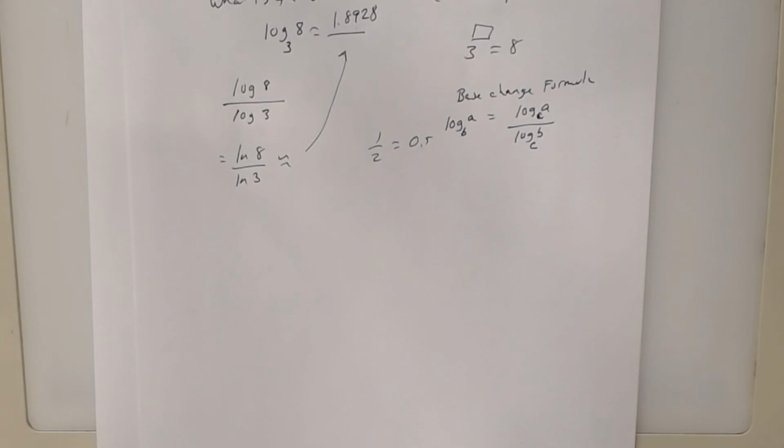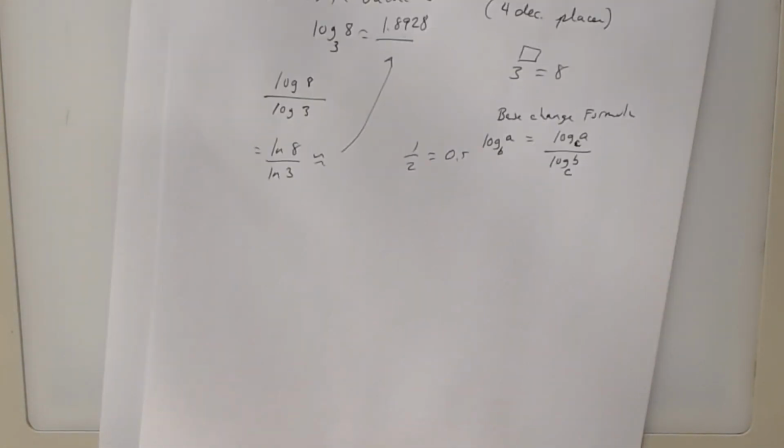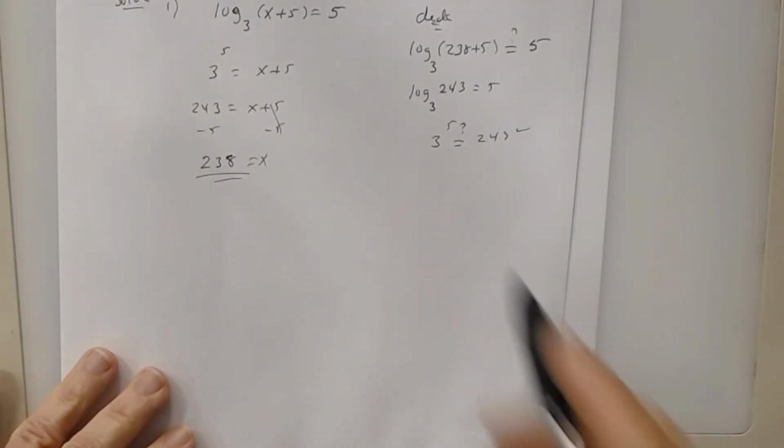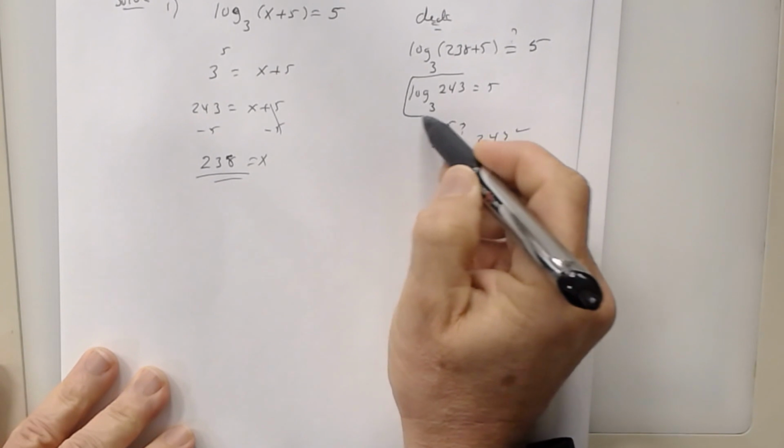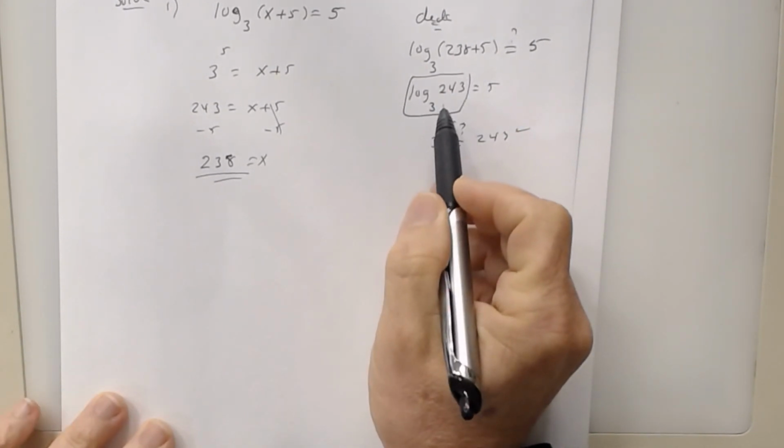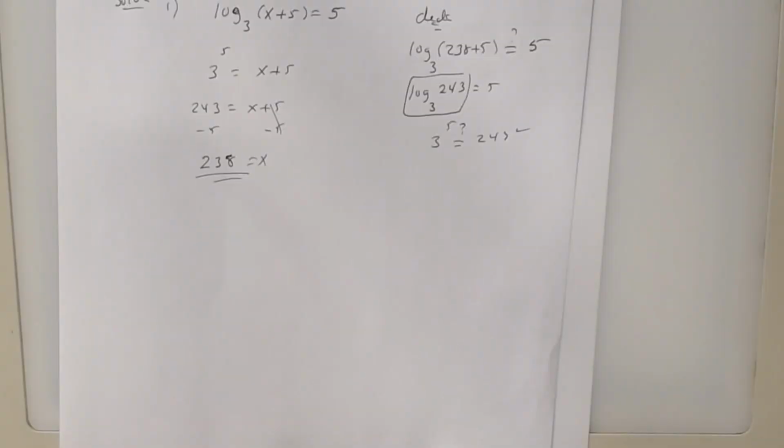The base change formula is very helpful to you because your calculator only uses what bases? 10 and E. Okay? So when I went back to this one here, I want you to check this using the base change formula.